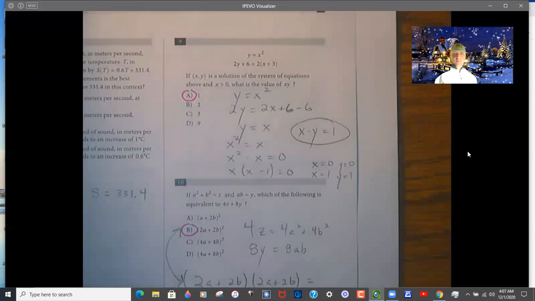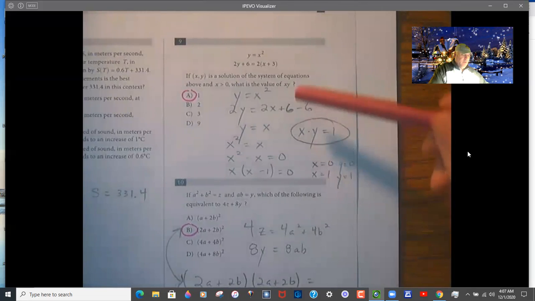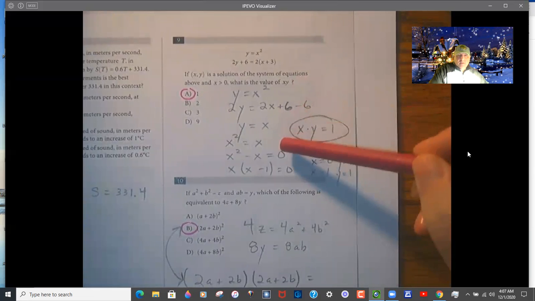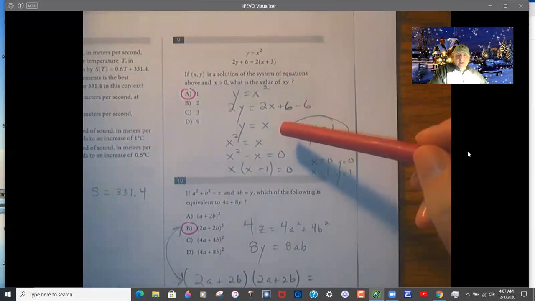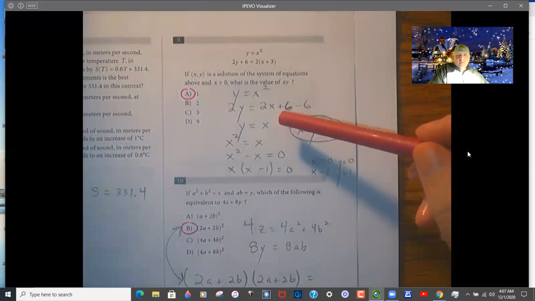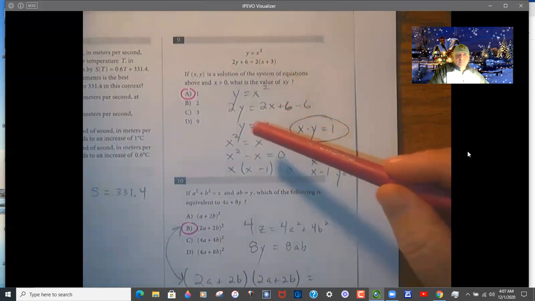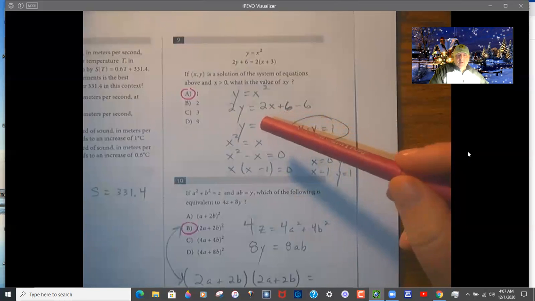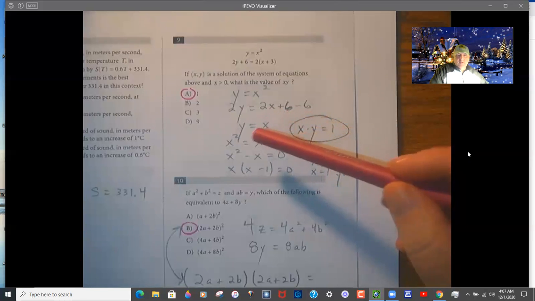Problem 9, this involves, first of all, solving for y on the second one. So when you do that, you distribute the 2 through, and ultimately the 6's drop out, and then you get 2y equals 2x, and then divide by 2.